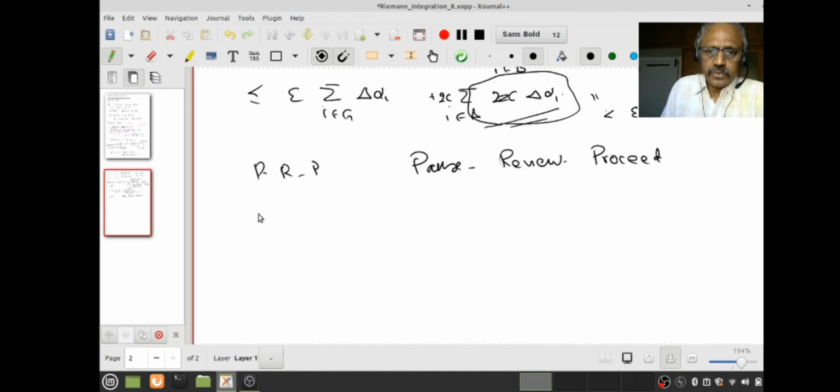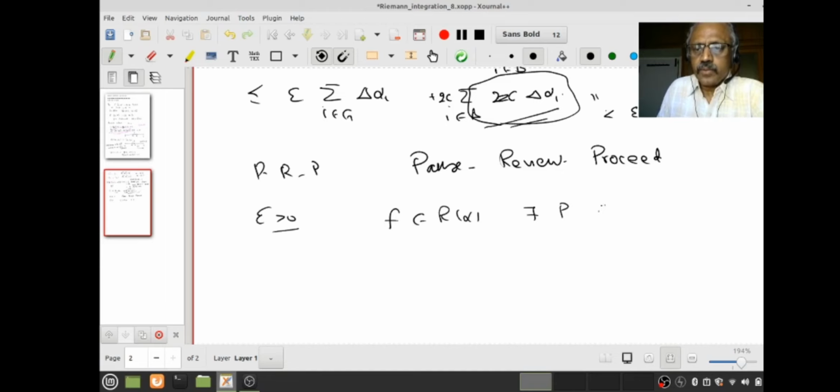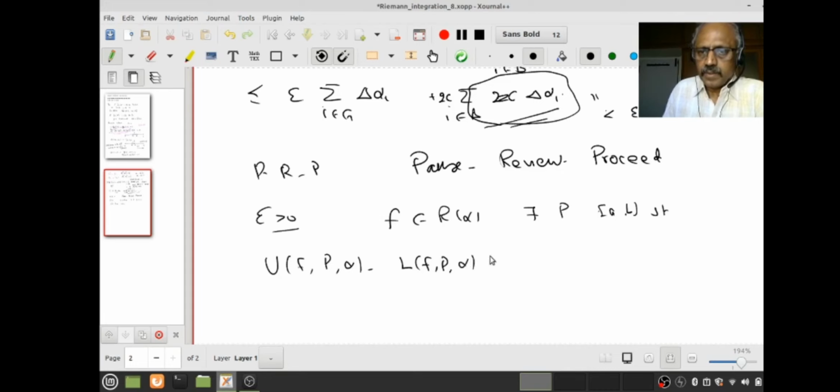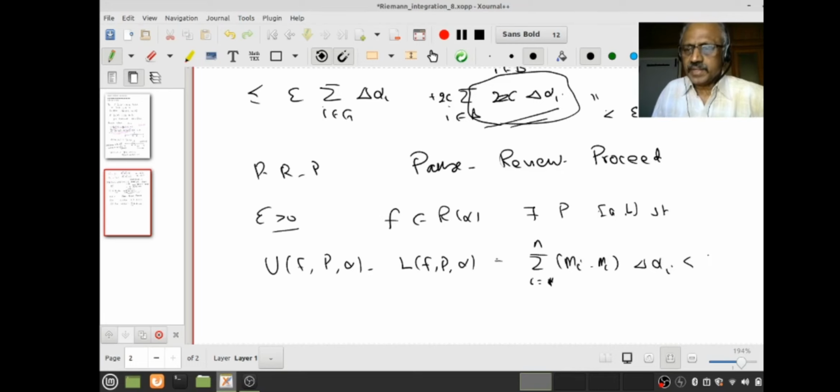Again, we are given epsilon positive. Now since f is alpha integrable, there exists a partition P of [a, b] with what property? U(f, P, alpha) minus L(f, P, alpha), which is the summation of capital Mi minus small mi into delta alpha I, running from 1 to n, is less than, I can write epsilon, but let me write an eta.